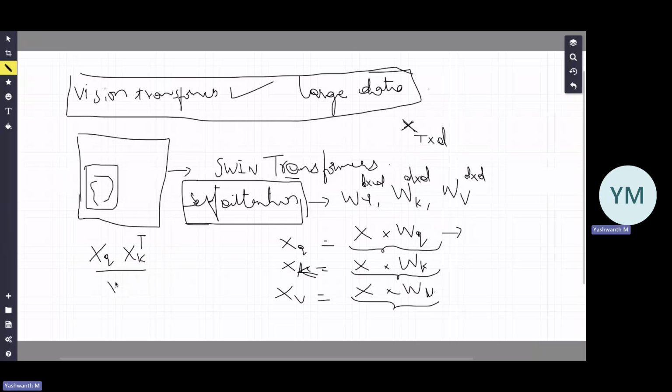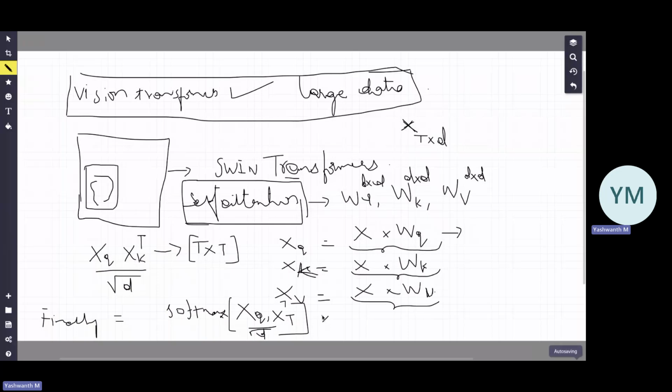This is typically scaled by the square root of D, the dimension of the token representation, and is of size T cross T. Finally, the self-attention output is obtained by taking the softmax across the rows of this mixing matrix XQ times XK transpose by square root of D, and this is multiplied by the value matrix X. This is token cross token, the value matrix is token cross D, and finally we get an output matrix of token cross D.